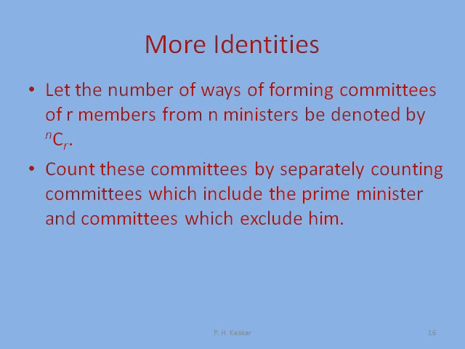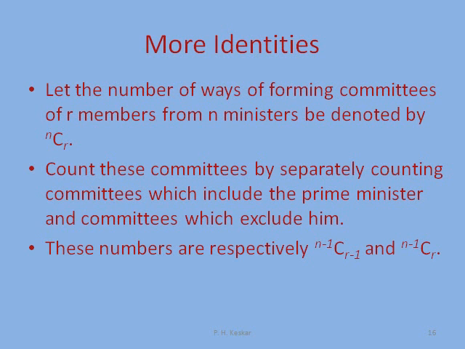So this number will be n-1 choose r-1. Whereas for committees which don't contain the Prime Minister, I have to choose all r members but from the remaining n-1 members. That can be done in n-1 choose r ways.